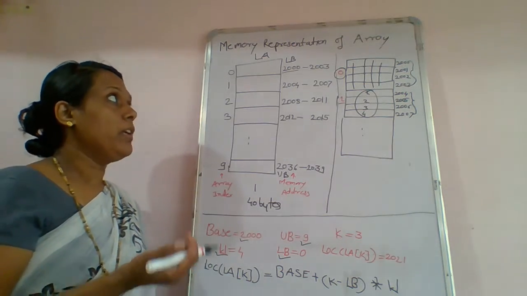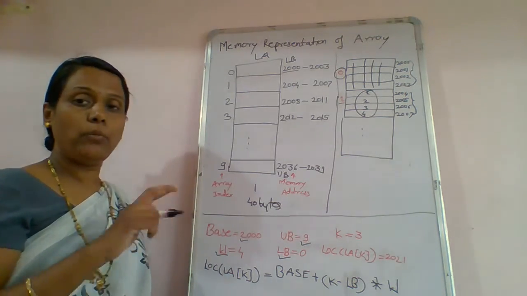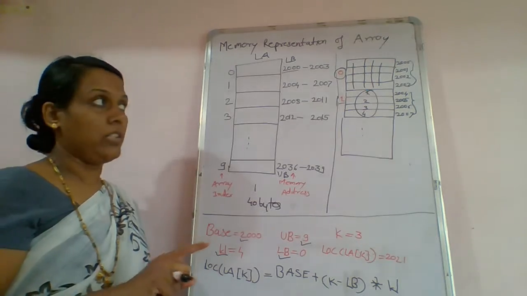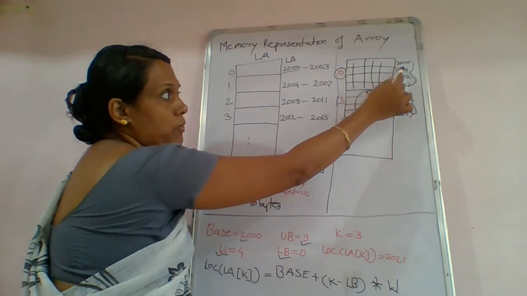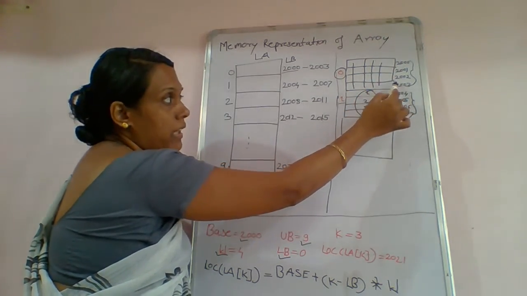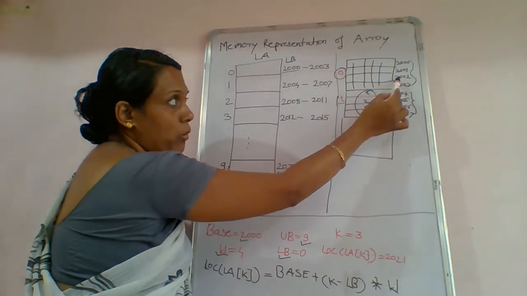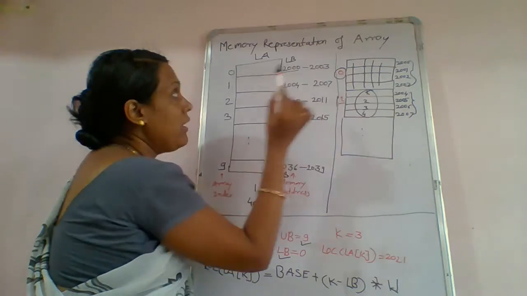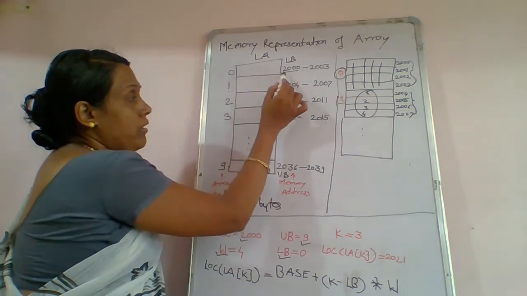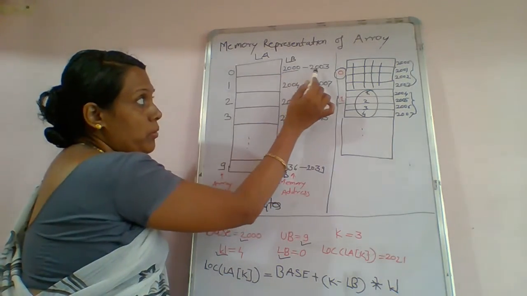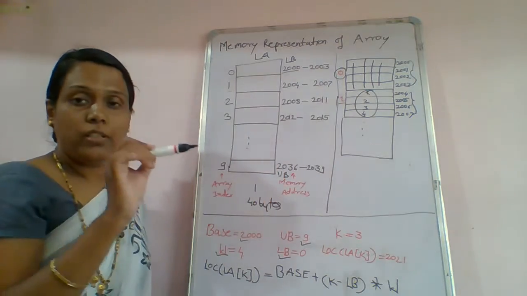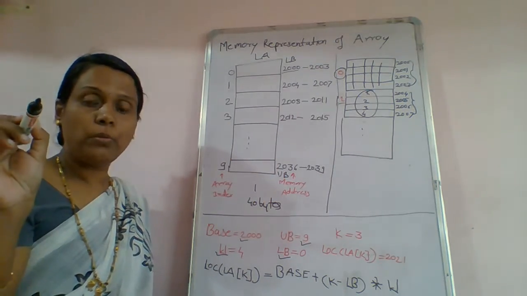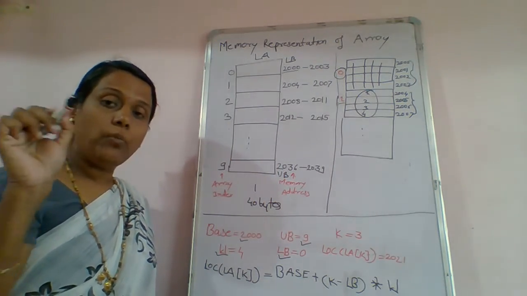So here we are storing data which has 4 bytes for one location. 2000 to 2003 consists of 4 locations, with 1 byte for each location, so total 4 bytes. So at location 0, the memory address is from 2000 to 2003, that is 2000, 2001, 2002, 2003, total 4 bytes.